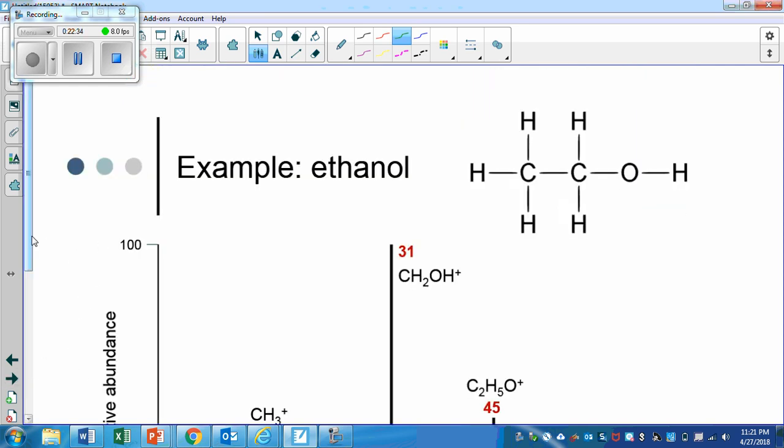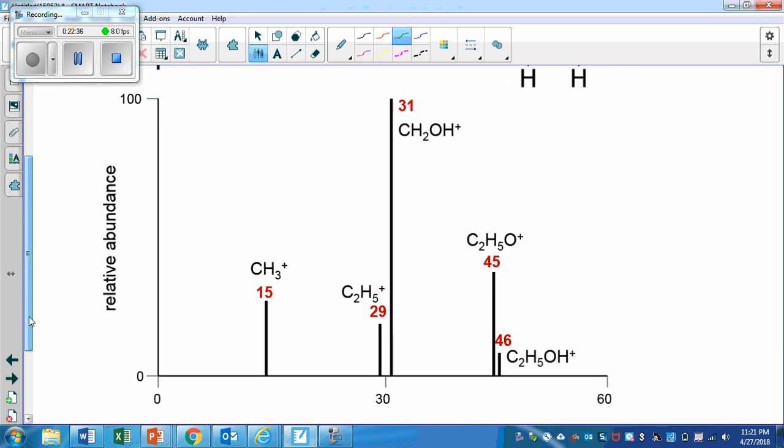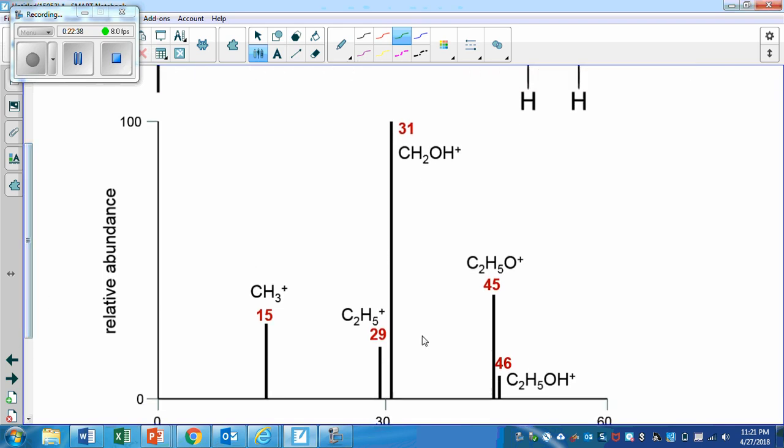All right, so for ethanol, it is telling you exactly this is the whole parent molecule, only an electron was lost, then one of the hydrogens is lost. So this is where the peak is coming from. If the whole CH3 is lost, what you have here is CH2 and OH.